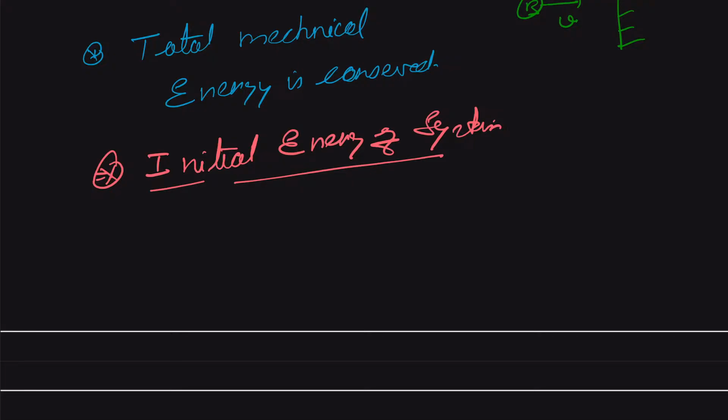So we have our block whose mass is given as capital M and its velocity is v naught, and we have a ball whose mass is given as small m and is at rest.